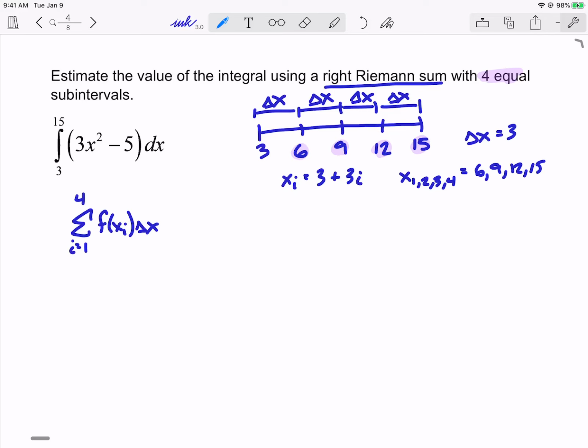Now I plug in my formula, and this simply gives me width of 3 is going to be applied to all of these, so I'm just going to put a big old bracket 3 outside. So I'm going to do 3 times 6 squared minus 5. That's my first point, plus 3 times 9 squared minus 5.